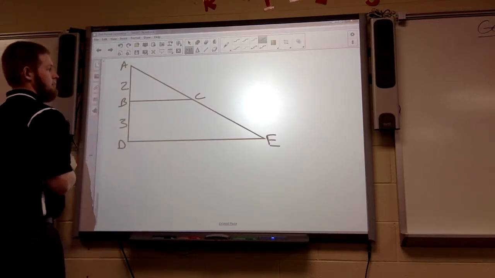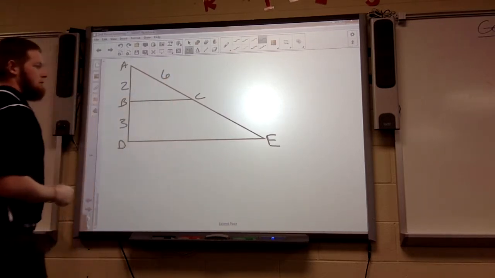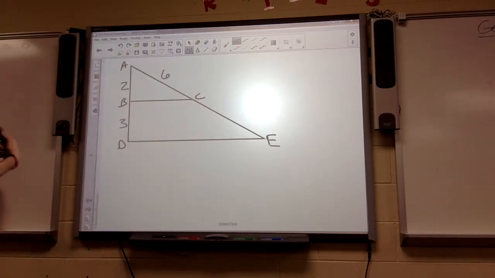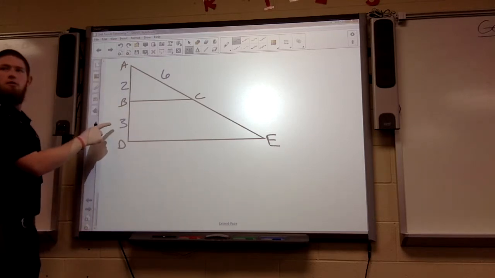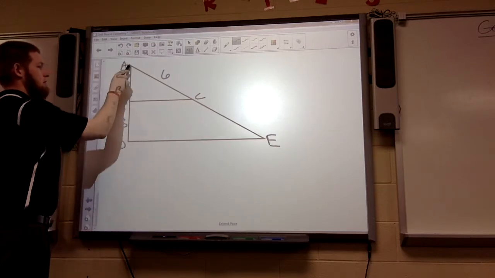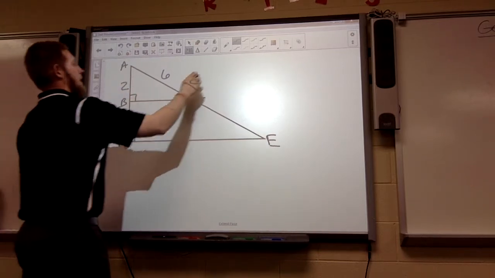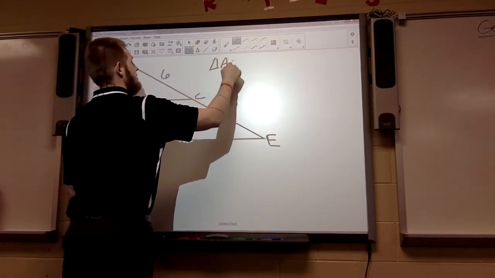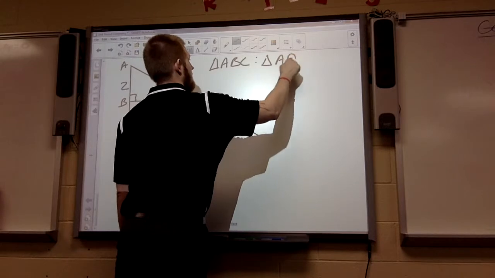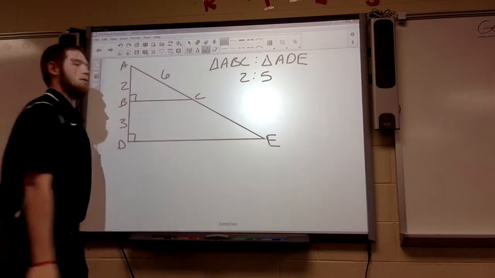This is 3. That top right AC is 6. Okay. And let's say they tell me that, how many triangles are here? 2. There's ABC and there is ADE. Good. Okay, these are right triangles. I know that triangle ABC to triangle ADE is 2 to 5. And that's going to be my ratio there.